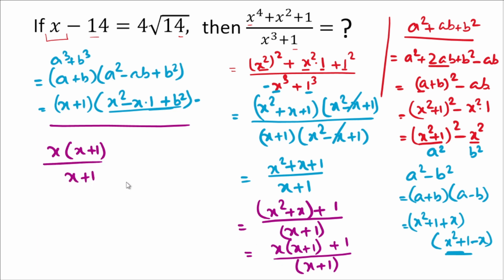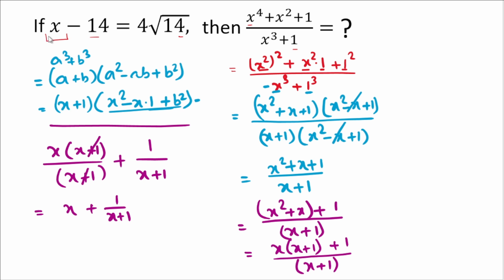The x plus 1 cancels in the first term, so we are left with x plus 1 over (x plus 1). Now we'll erase this; it was for understanding only.